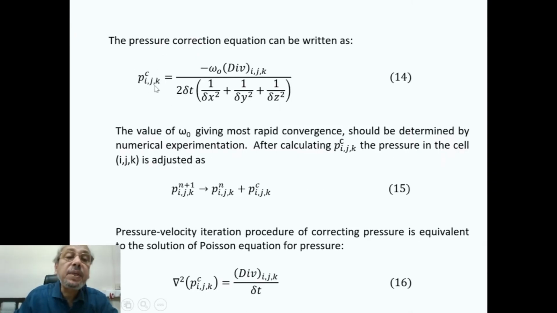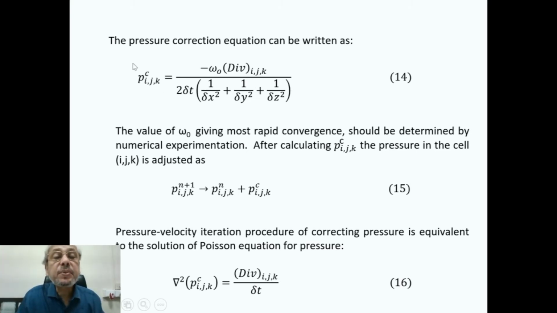So basically the Pijk correction is the divergence at each cell, arising out of the provisionally advanced velocity components, divided by twice delta t times 1 by delta x square, 1 by delta y square, 1 by delta z square. These were basically the coefficients of the Pijk term. We are clubbing them together and transferring them to the right hand side.